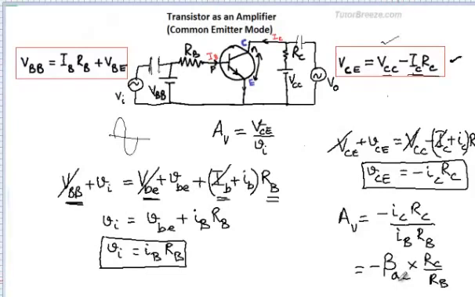Beta AC, because these are the AC components, is almost the same as beta DC. So we can use a value of beta DC times RC over RB, and this gives us the voltage amplification. Thank you.